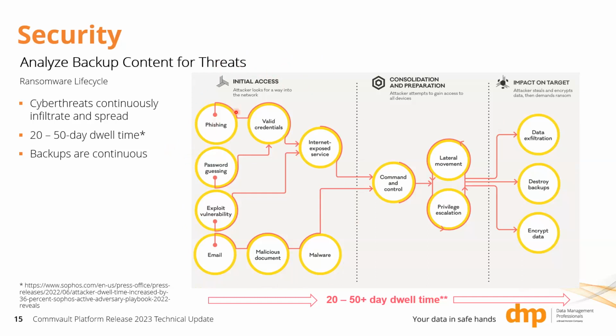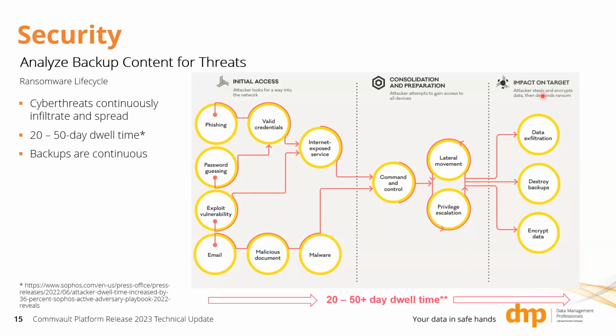The first one is the initial access, which can be done through multiple ways: email, phishing, credentials, malware, etc. Then they actually take some time to infiltrate in your environment, lateral movement, privilege escalation. They just gather all the information, and then they impact the target. So then they really start destroying backups, encrypt data, etc. And that total process takes normally about 20 to 50 days time.